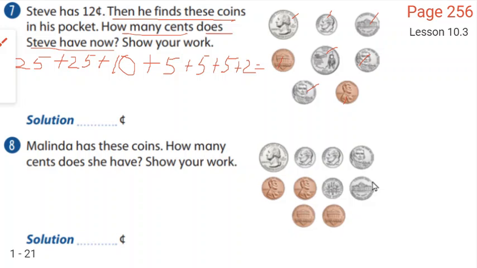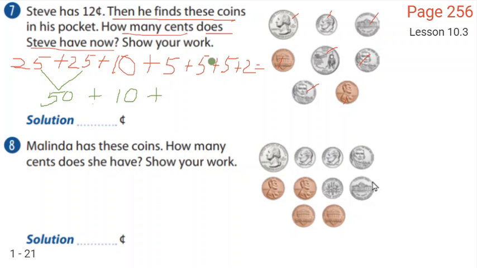Okay, welcome back. Let's take a look here. If you recall, we're going to add these up together. So 25 and 25. So we have 2 tens plus 2 tens is 4 tens. And we know that 5 and 5 make a 10. So that's going to be 4 tens plus 1 ten is equal to 5 tens or 50. Plus another 10, plus 5, 10, 15. Well, wait a minute.